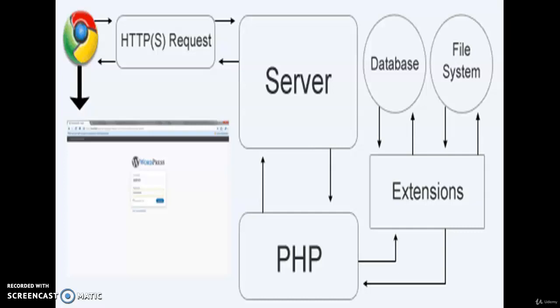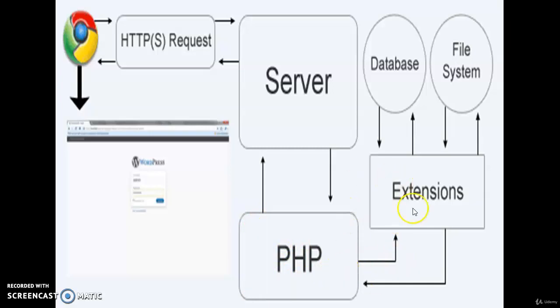If the file named index.php is found, Apache essentially says, hey, this is a PHP file, because it has the extension .php. So the server passes this file to the PHP interpreter.